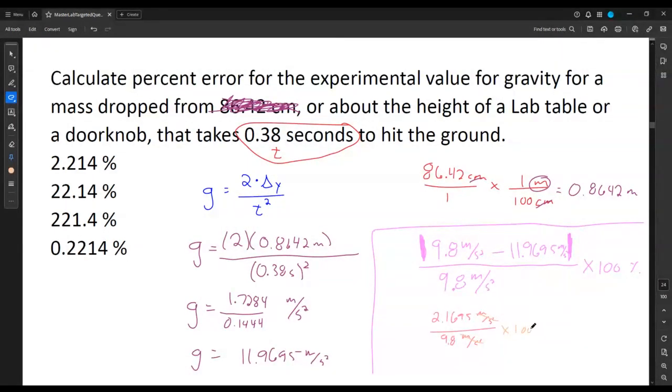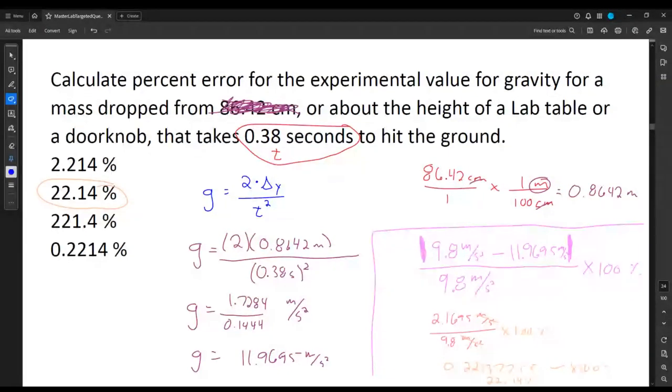Then we can't forget that there's a times 100% on the end. So we're going to end up with a 0.22137755, blah, blah, blah, times 100%, which I can just barely fit in at the bottom, makes 22.14%. There we go.